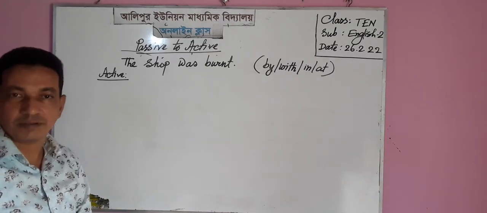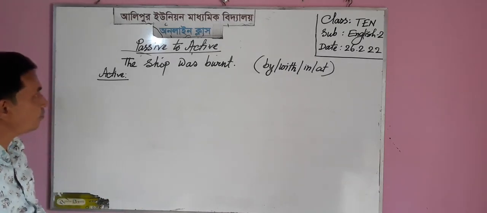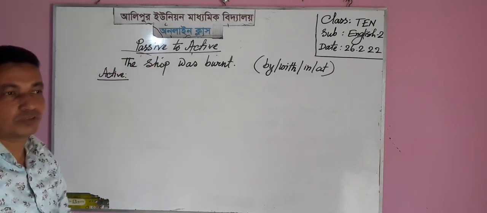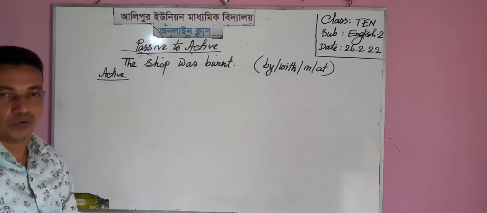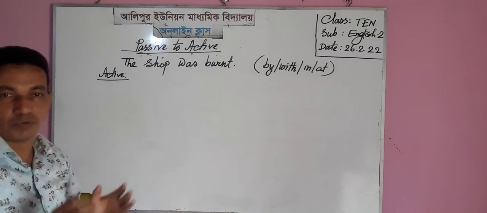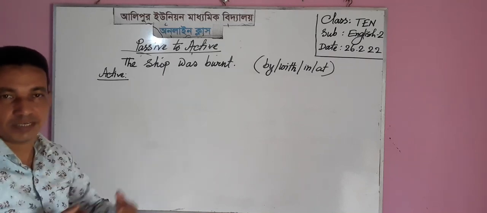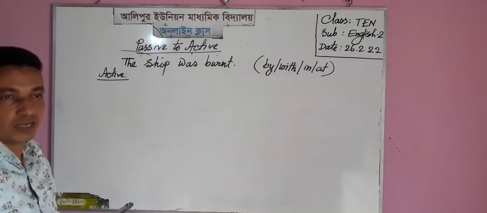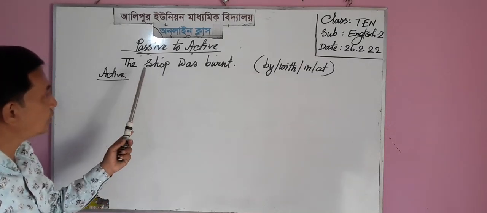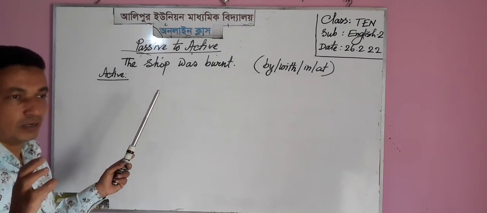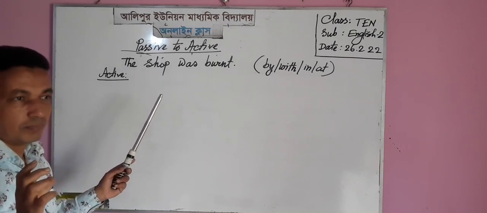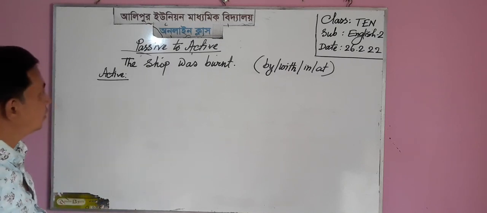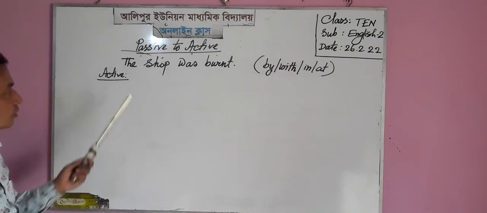Something is working behind this, and that's why we have to search for this subject who can do the work behind the activity. There is no actual object in this sentence, so we have to collect some words or some doers who can do the work.